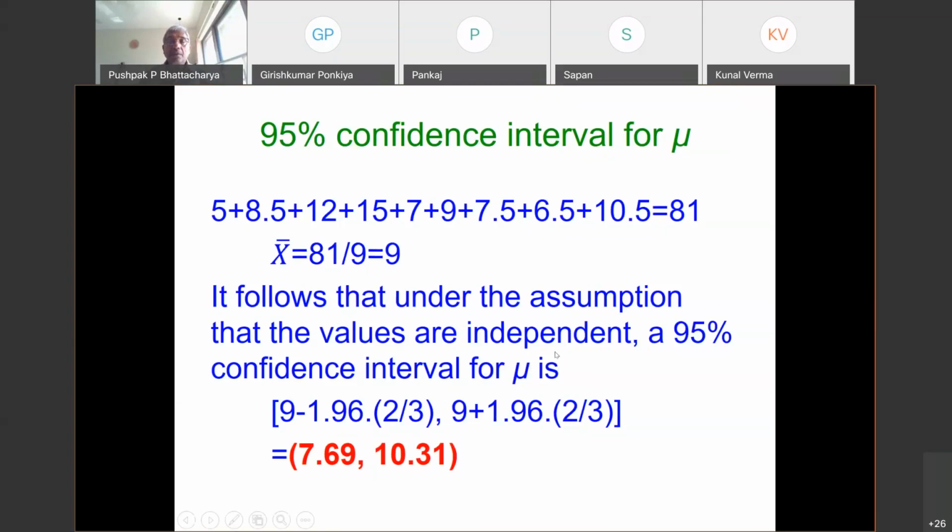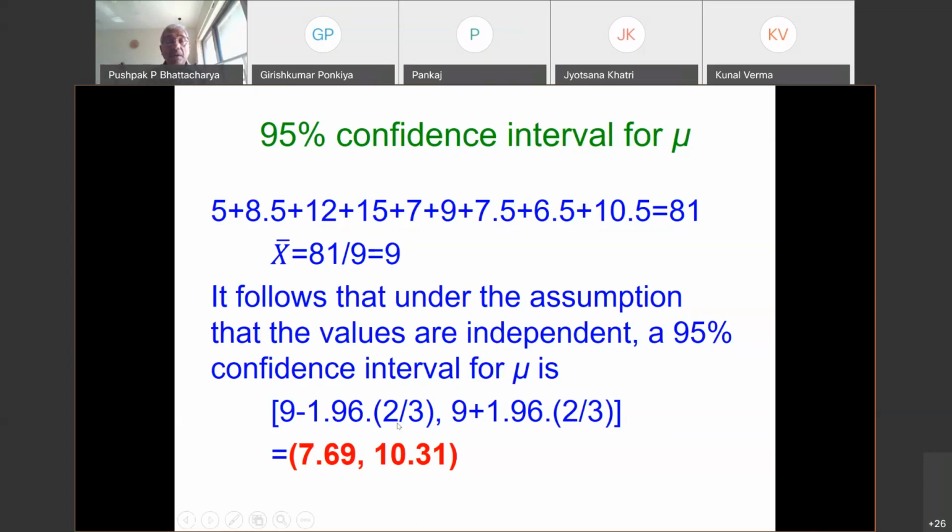Okay. So for the 95% confidence interval for mu, the value is 9 minus 1.96 into 2 by 3, comma, 9 plus 1.96 into 2 by 3. This is a result known from the theory of probability, that 95% of the area under the standard normal curve is contained within the interval minus 1.96 to plus 1.96.